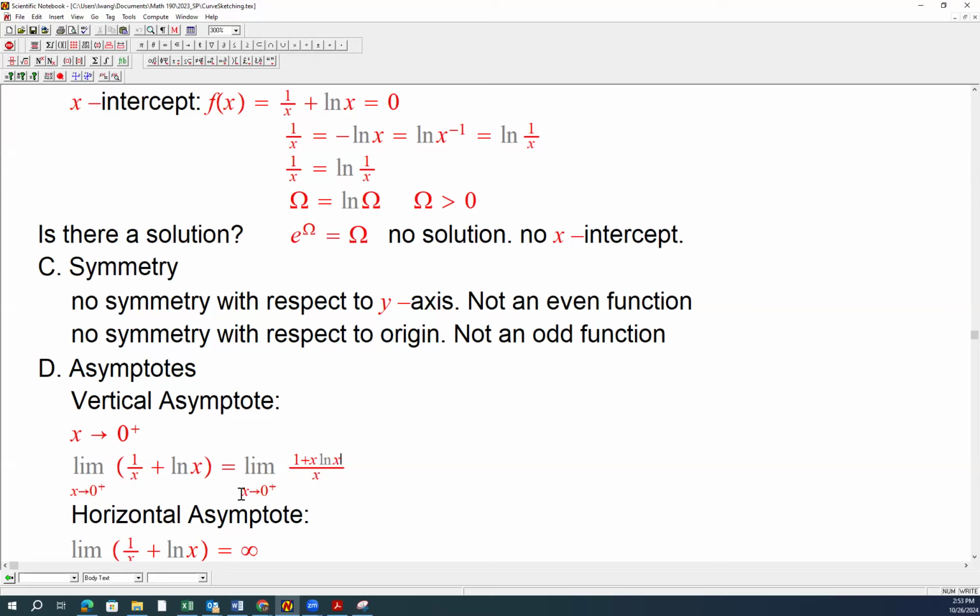As x approaches 0 from larger than 0, the bottom approaches 0, and the top, this piece, approaches negative infinity, and it looks like we cannot use L'Hopital's rule.